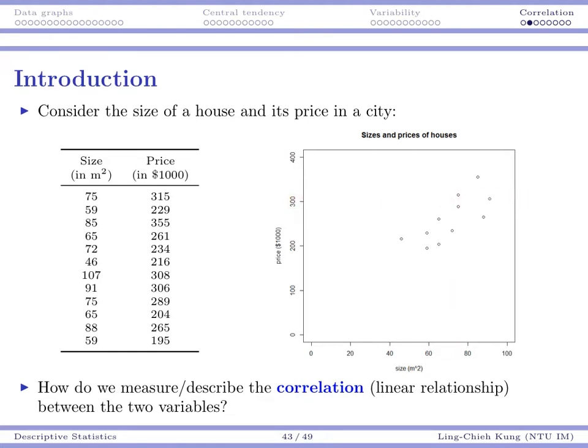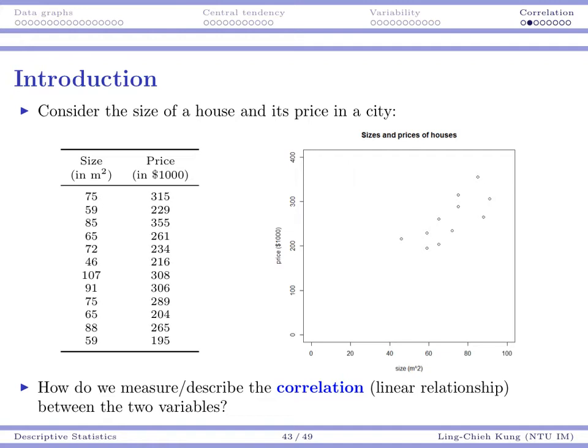Okay, this point is the first point. The second one is around 59 and 229, so I'm going to depict a point here to represent the second house. By repeating this process, I'm going to create a scatter plot with 12 points. These 12 points come from these 12 pairs of numbers.